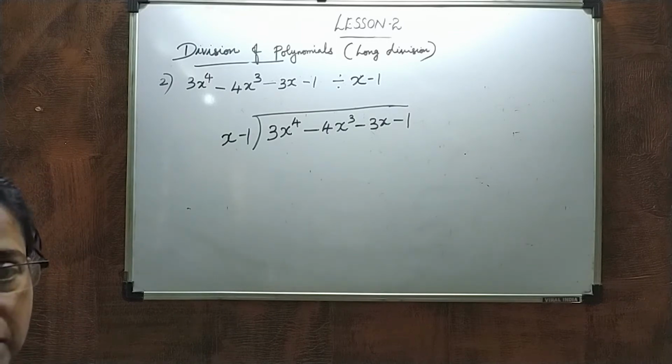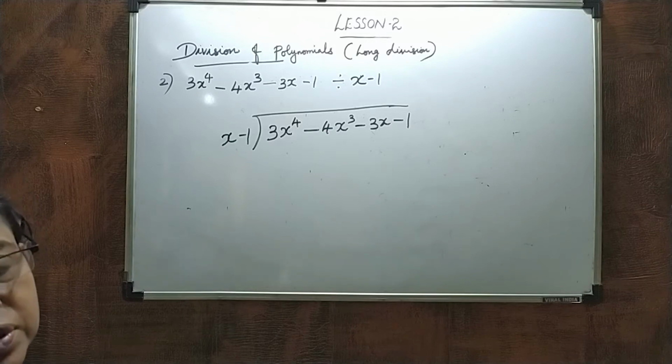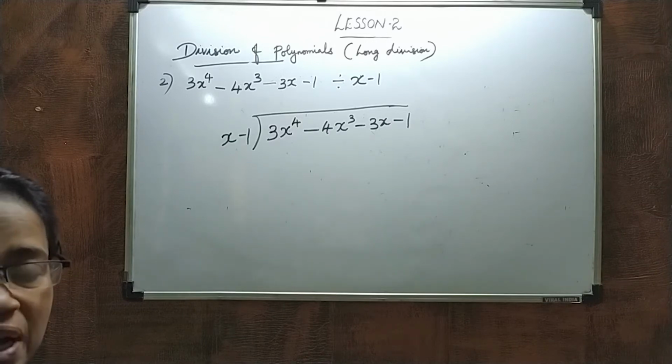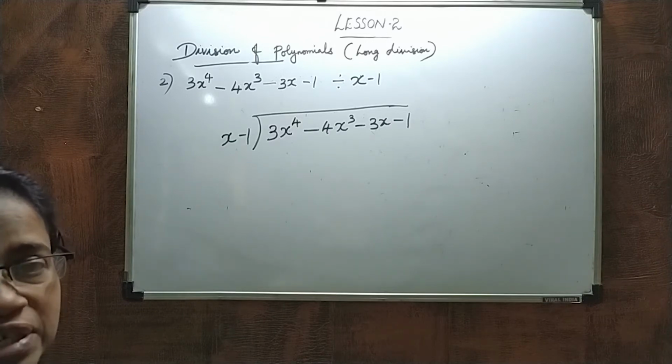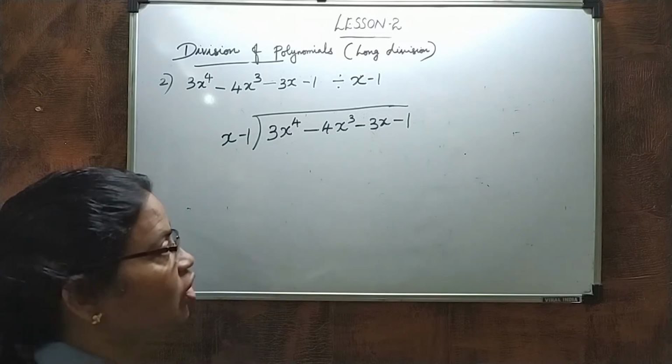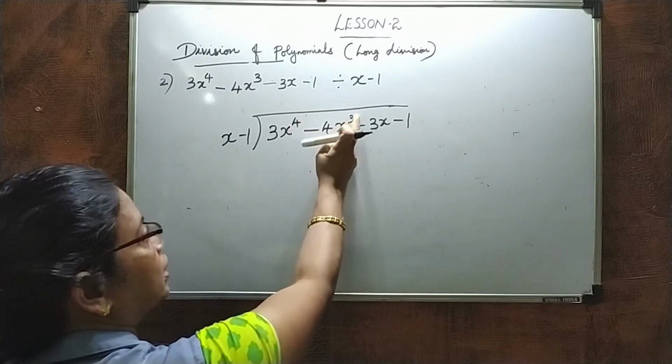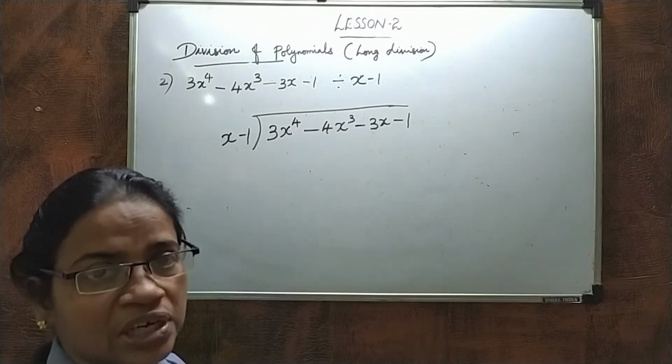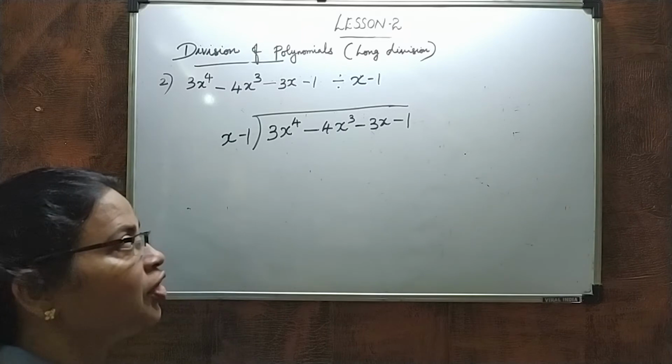And one more thing you have to remember, make it in order first. Order means in descending order, not ascending order, descending order. Okay. Now look, in the dividend, 4, 3, 2 is there? No. So what you have to do then?